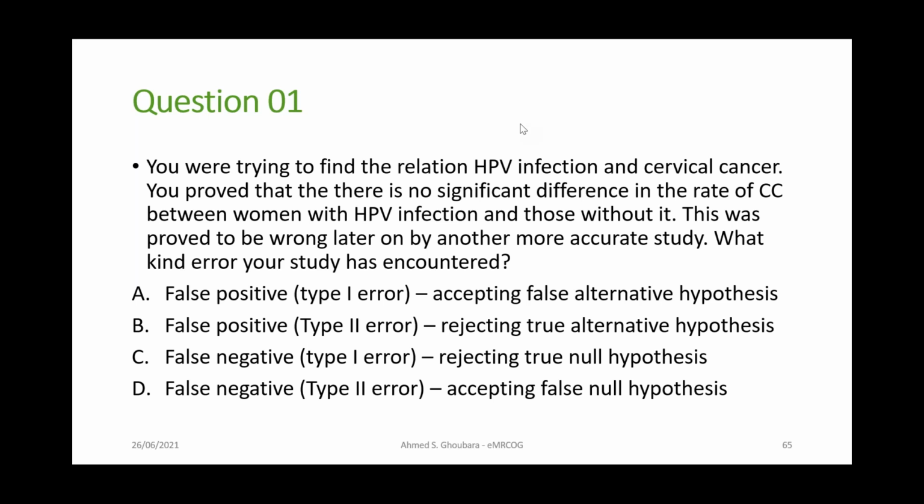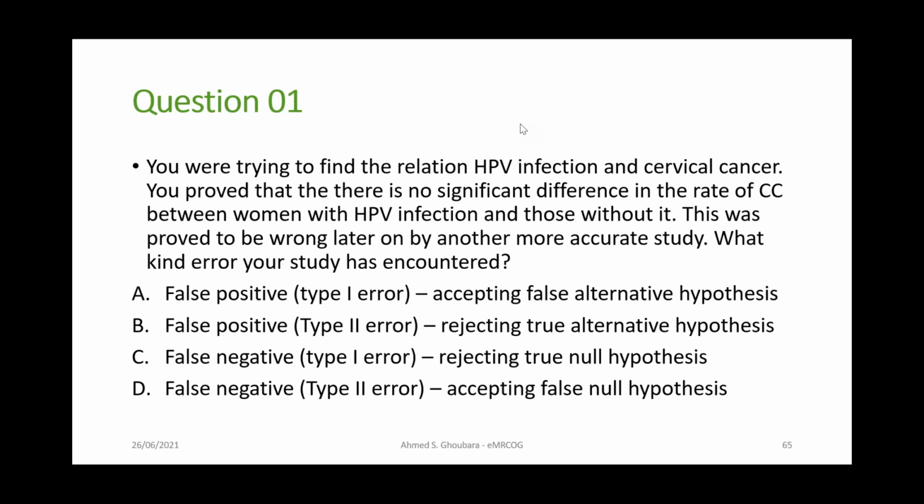Okay, so let's see the correct answer. You proved that there is no relation between cervical cancer and HPV infection. For that reason, you chose to accept the null hypothesis. This was proven to be wrong. Accepting the false null hypothesis: is it type 1 or type 2?